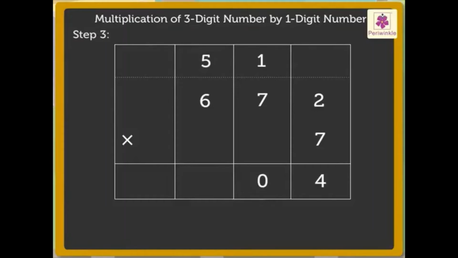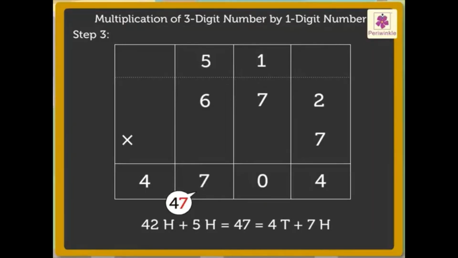Step 3. Multiply the hundreds, that is 6 hundreds into 7 is equal to 42 hundreds. Add the carried over 5 hundreds to the 42 hundreds to get 47 hundreds, which is regrouped as 4 thousands and 7 hundreds.